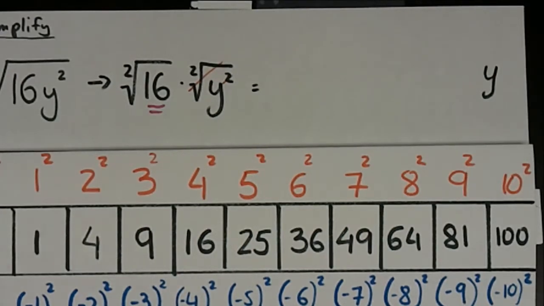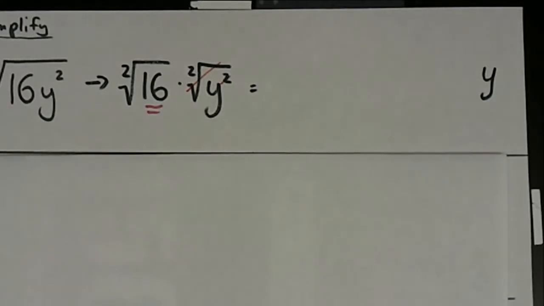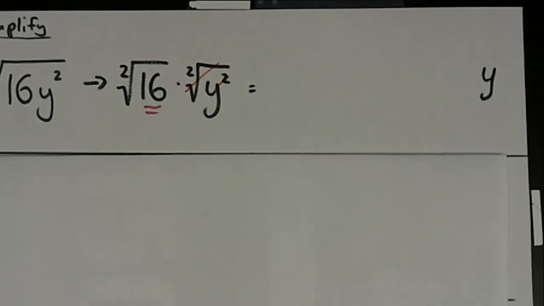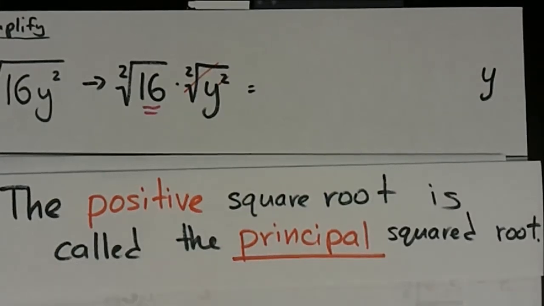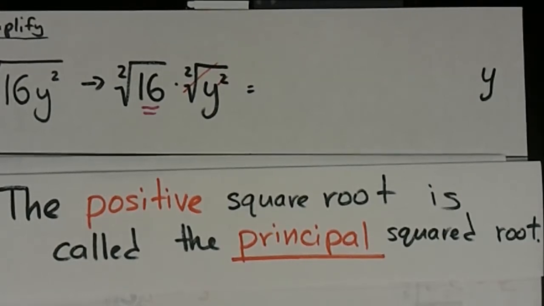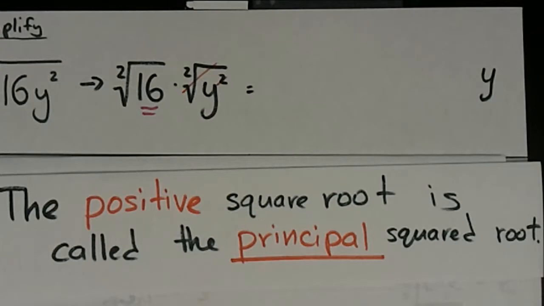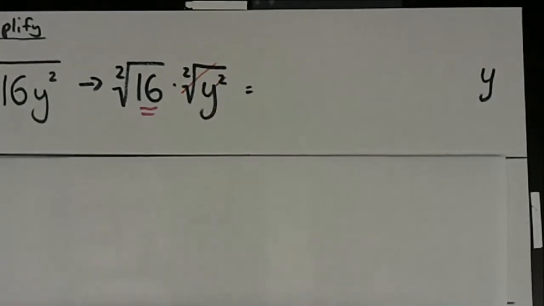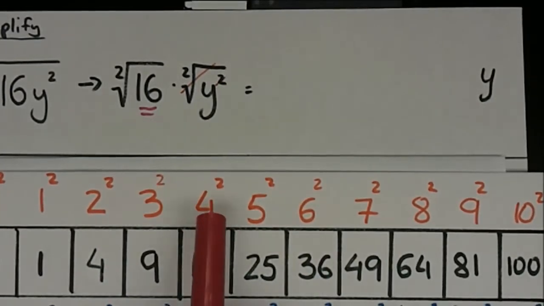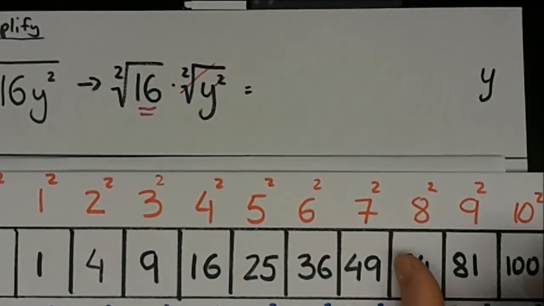Now something else that I told you just a little bit ago is that unless you are told to specifically take both the positive and the negative, you only take the principal or the positive square root. In this problem, we weren't specified to take both roots. So you assume, if you're not told otherwise, just take the positive to keep things nice and simple. So I'm only going to use the positive, which is the 4 squared.